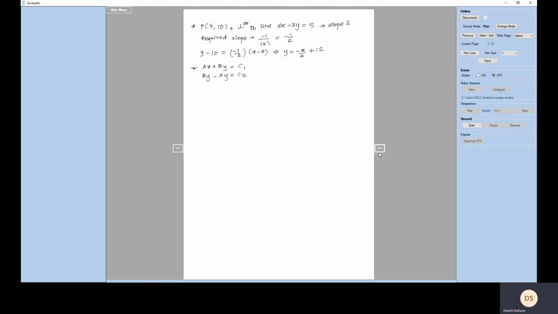Of course, a and b are not equal to 0. What do you think is special about these two lines? Yes, the product of the slopes of these lines is -1. Therefore, these are perpendicular lines.